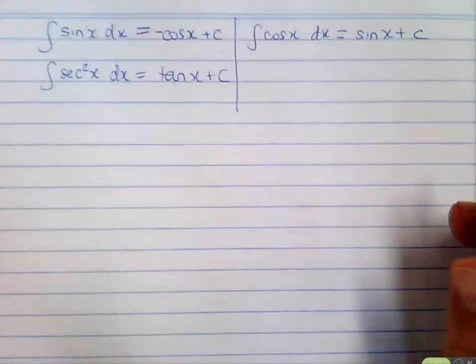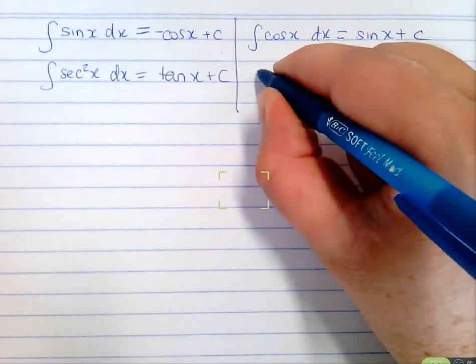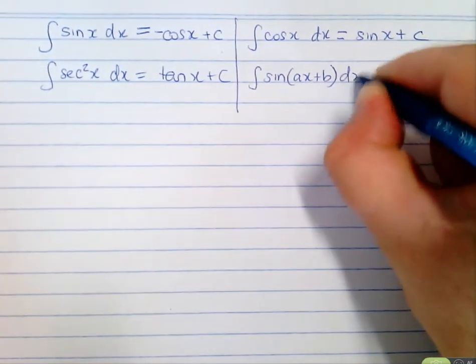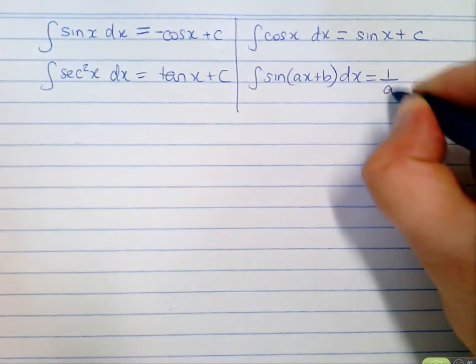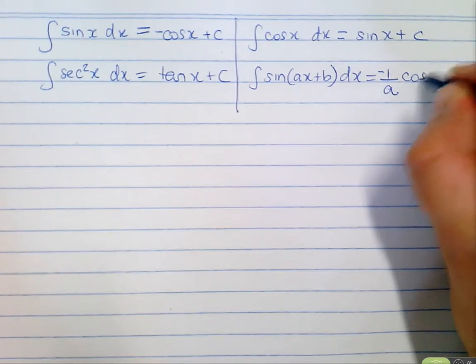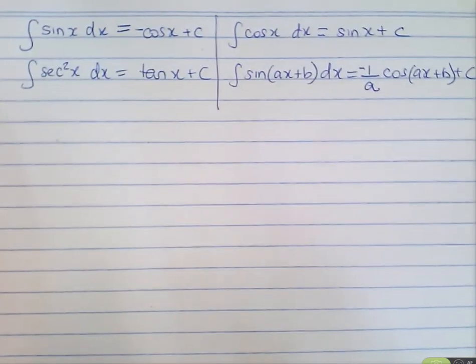If you integrate sine of ax plus b, you get negative 1 on a cos ax plus b plus c. They're the rules from yesterday.